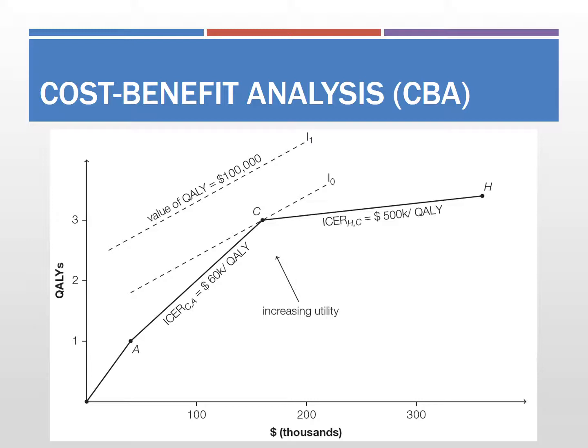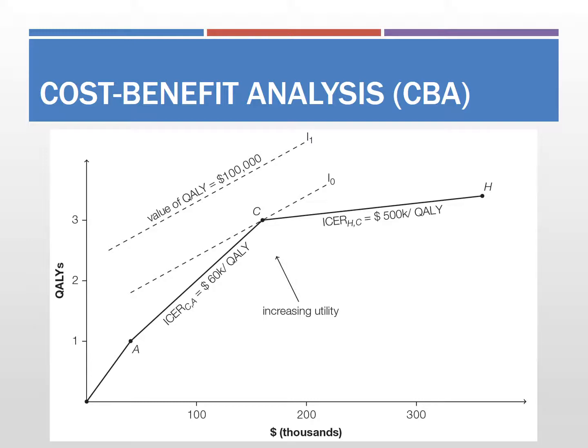In our economic analysis here, we imagine there are many different indifference curves in this diagram. We're only plotting two of them, and each of them has the same slope. So the procedure here is to first plot the indifference curve, and then find the tangency point on the cost-effective frontier.